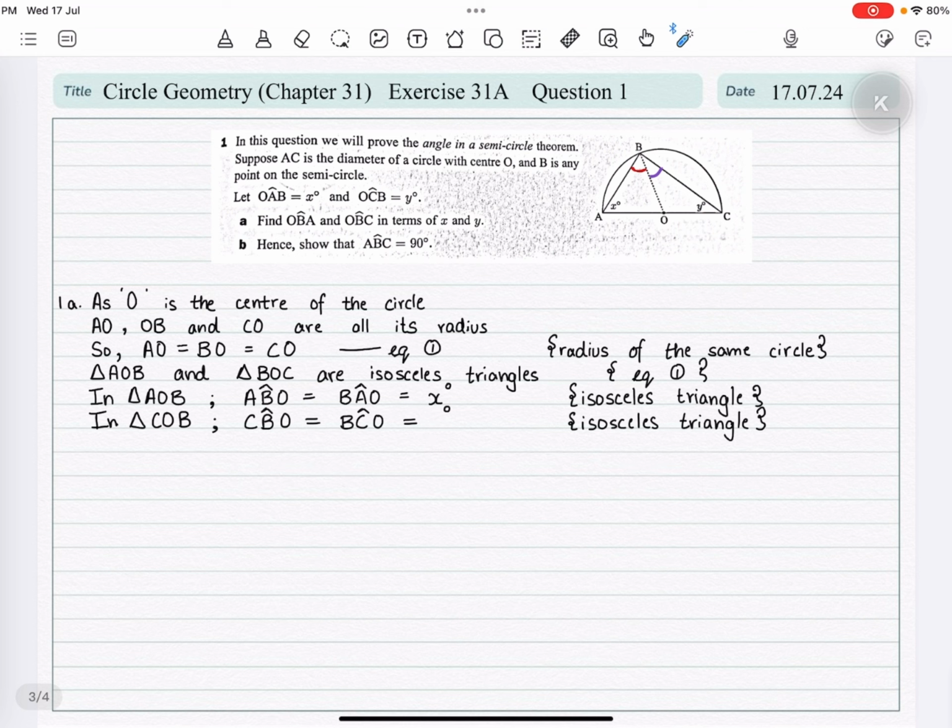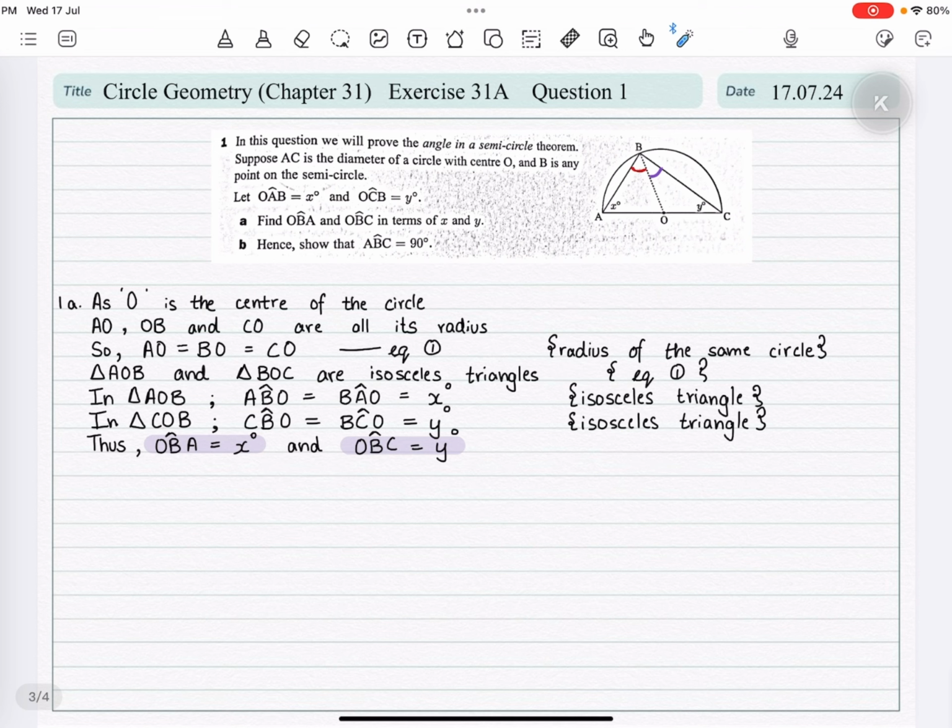And so we can say that angle OAB is equal to x, and angle OBC is equal to y. And we're done with the first sub question of the question.